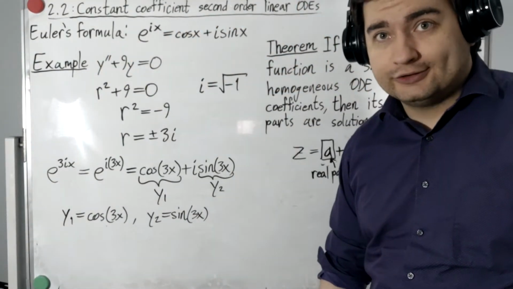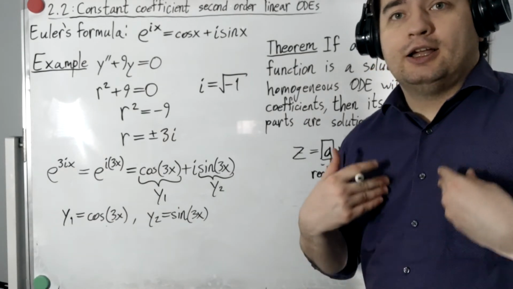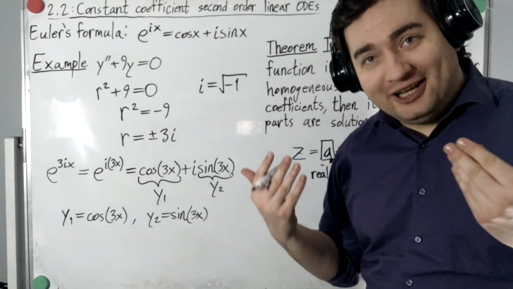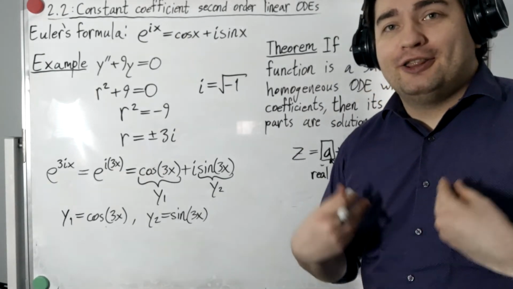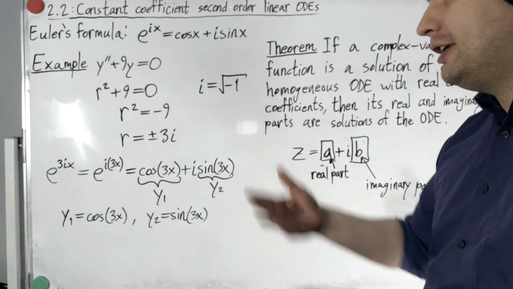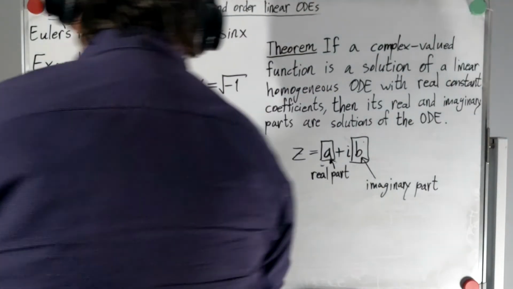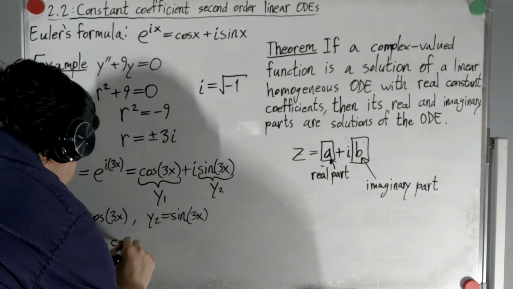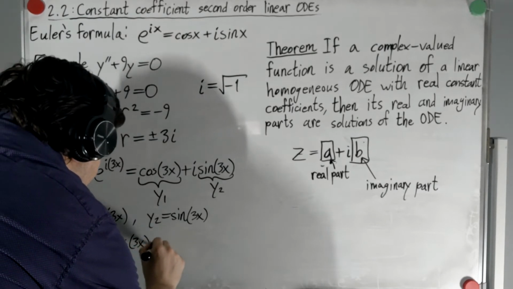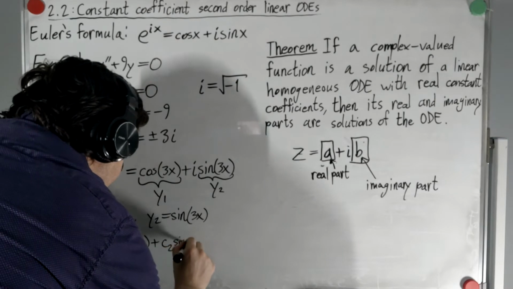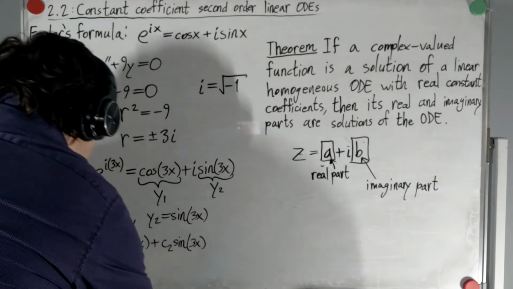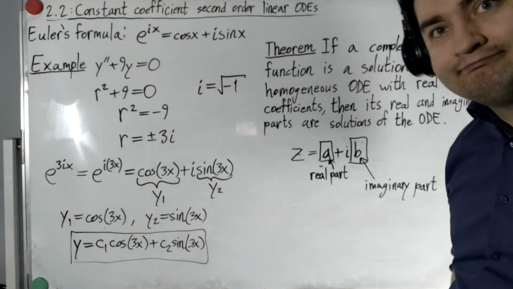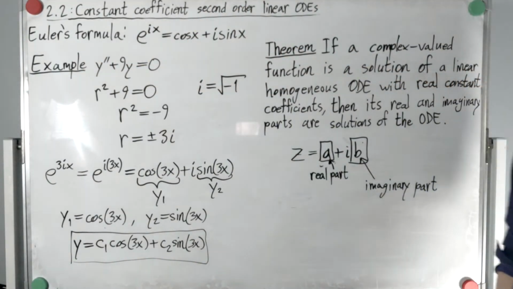Two different solutions. You can check using the Wronskian that they are indeed linearly independent. Therefore, the general solution of our ODE is going to be all the linear combinations of these: C1 cosine of 3x plus C2 sine of 3x. And that's the general solution.